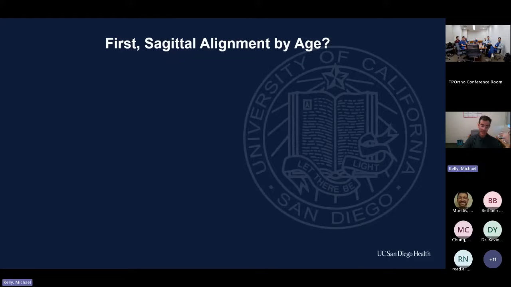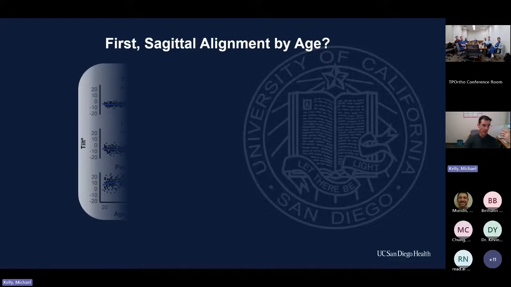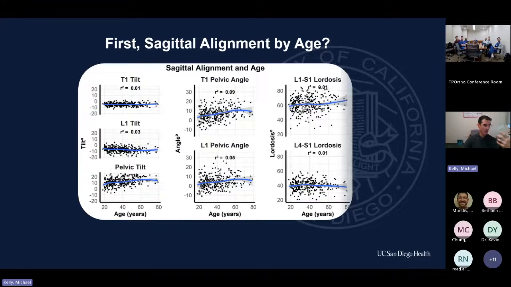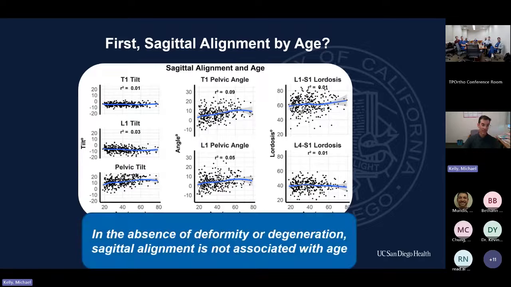And then in MEANS, sagittal alignment by age. So when I analyzed MEANS, I said take out everyone with any whiff of degeneration or spinal deformity. So no disc height loss, no end plate sclerosis, no spondy, no small scoliosis. When you remove degeneration, what you see is that in the absence of deformity, and think about this whole idea of when does degeneration become deformity?